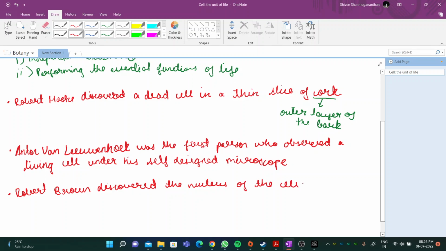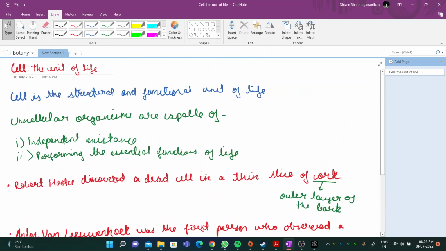That's great. So let's do a quick revision of what we did here. The cell is the structural and functional unit of life. Unicellular organisms are capable of independent existence and performing the essential function of life. Now, by unicellular organisms, I mean that singular cell which makes up that organism. That singular cell has independent existence and performs the essential functions of life.